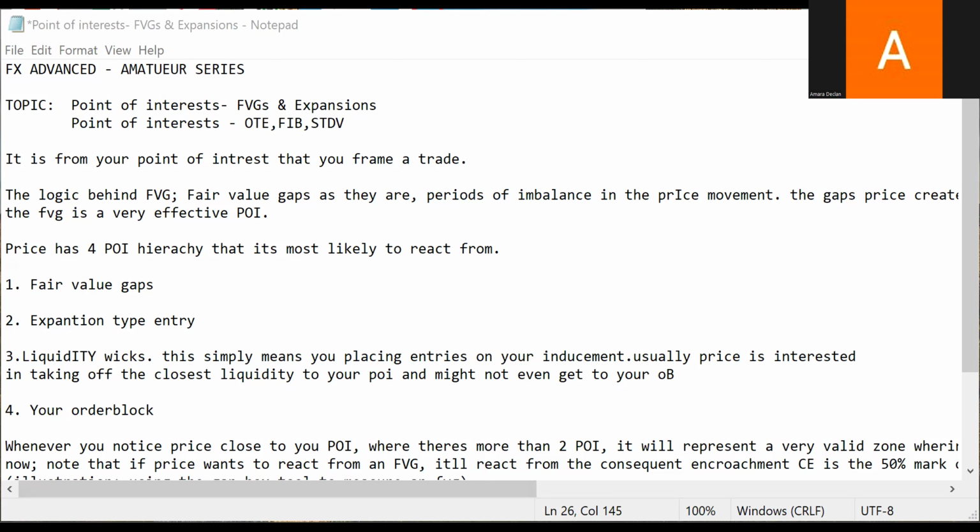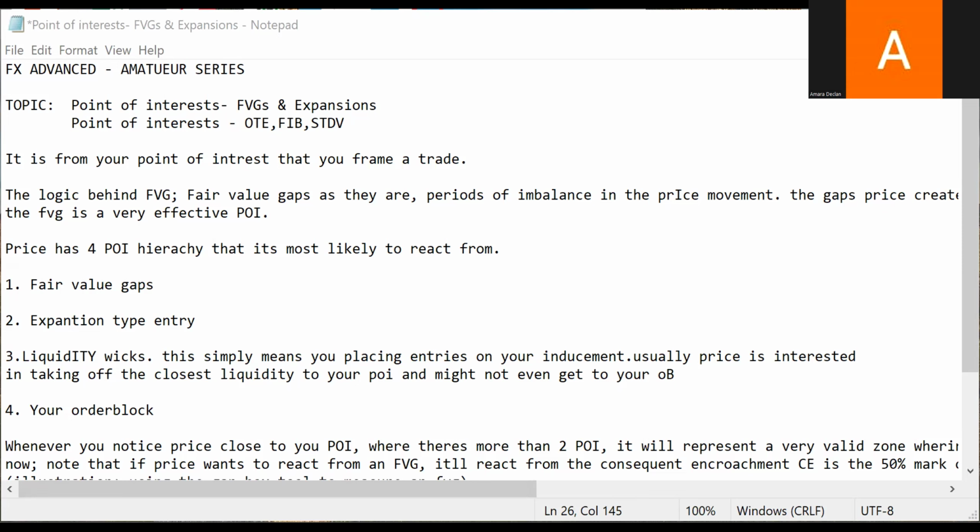So we talked about the 4 hierarchies of point of interest, and we said number 1 is the fair value gap, which we have seen. Let's look for other examples of fair value gaps. Let's look at this one. Okay, good.